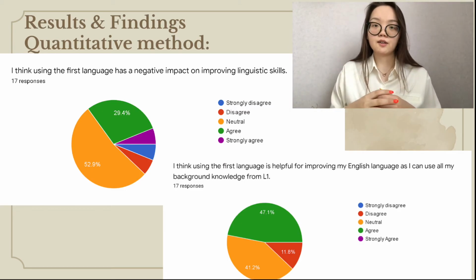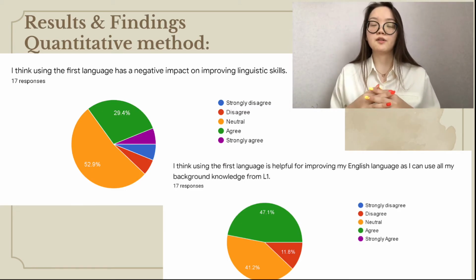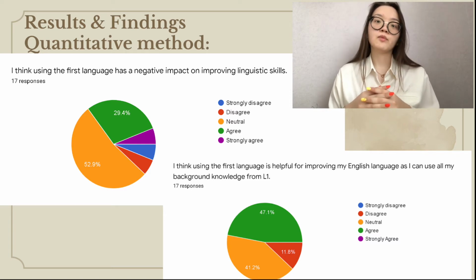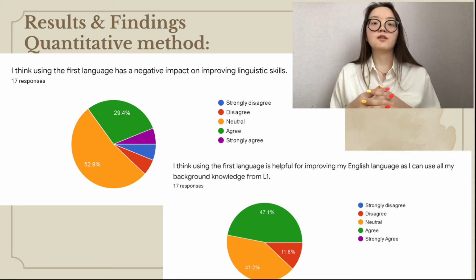Here you can see the results and findings of the first part, the quantitative method. These two charts show the main questions in the survey. In the first, we can see that most participants, more than half of them, stay in a neutral position about translanguaging, and a big part of participants say that they think translanguaging has a negative impact on improving linguistic skills.